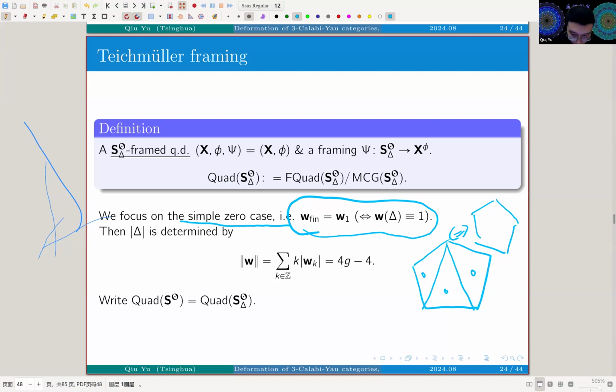In the story of Fomin, Shapiro and Thurston, they start with a marked surface, maybe with punctures, and they take the triangulation, and so on. They never mention the decoration, because in some sense they don't need that data.